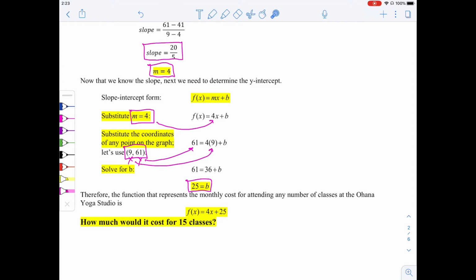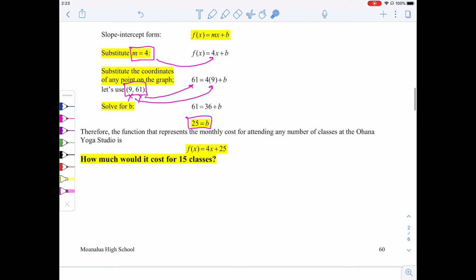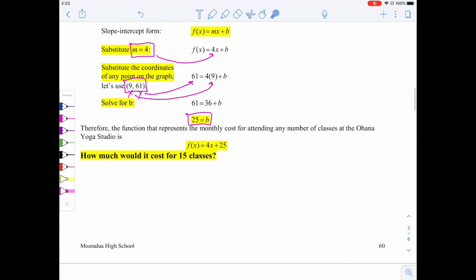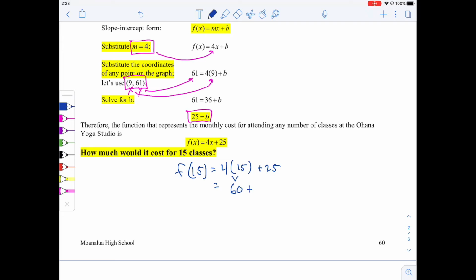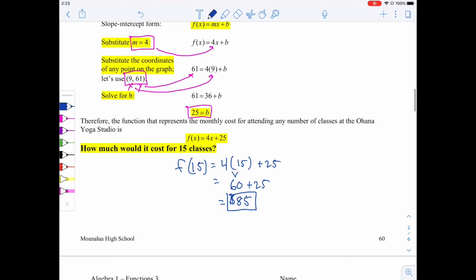Once you have the equation, how much would it cost for 15 classes? It's asking what is f of 15. So instead of x, we substitute 15. 4 times 15 is 60, plus 25 equals 85. So it would be 85, and remember the units, dollars, so $85.